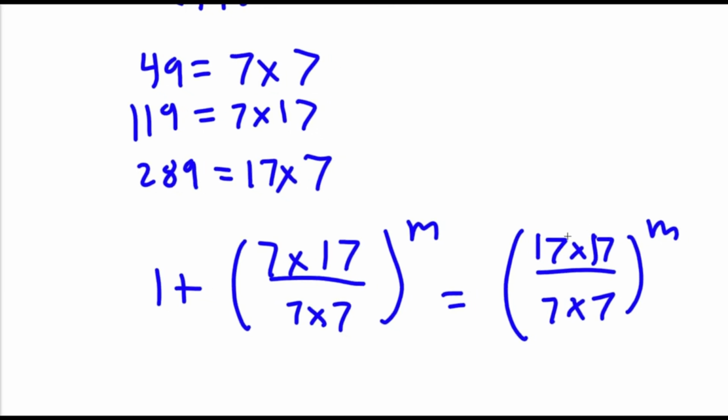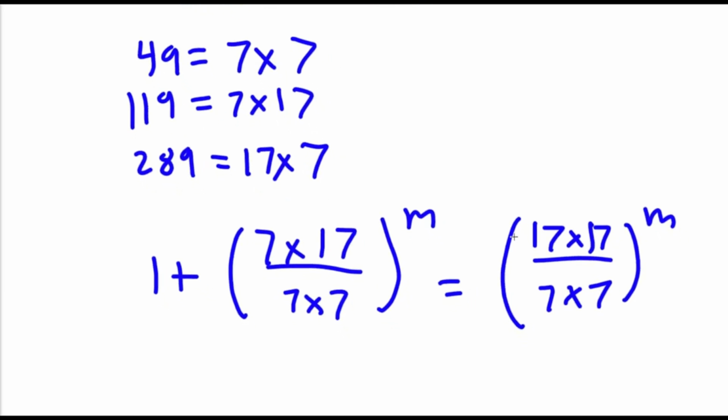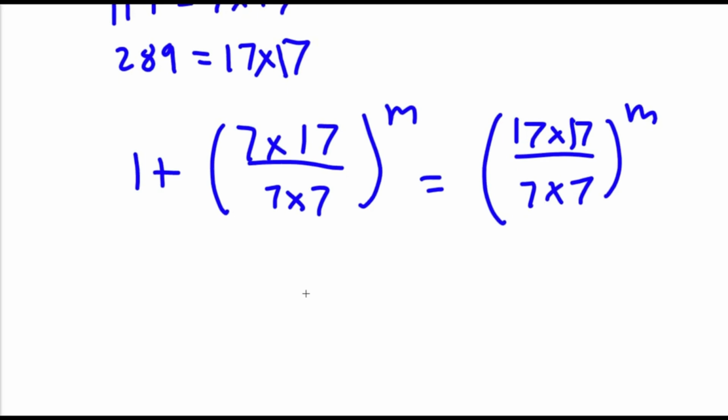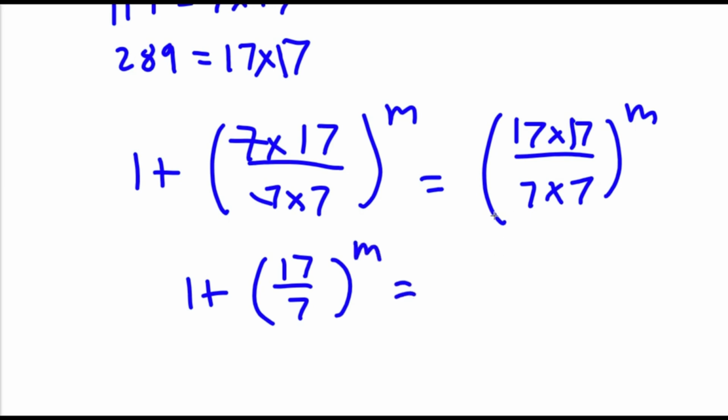Now these two 7s can cancel out, and then I would have 1 plus (17 over 7) to the power of m is equal to, now 17 times 17 is the same thing as 17 squared, and 7 times 7 is the same thing as 7 squared. So I have this to the power of m.